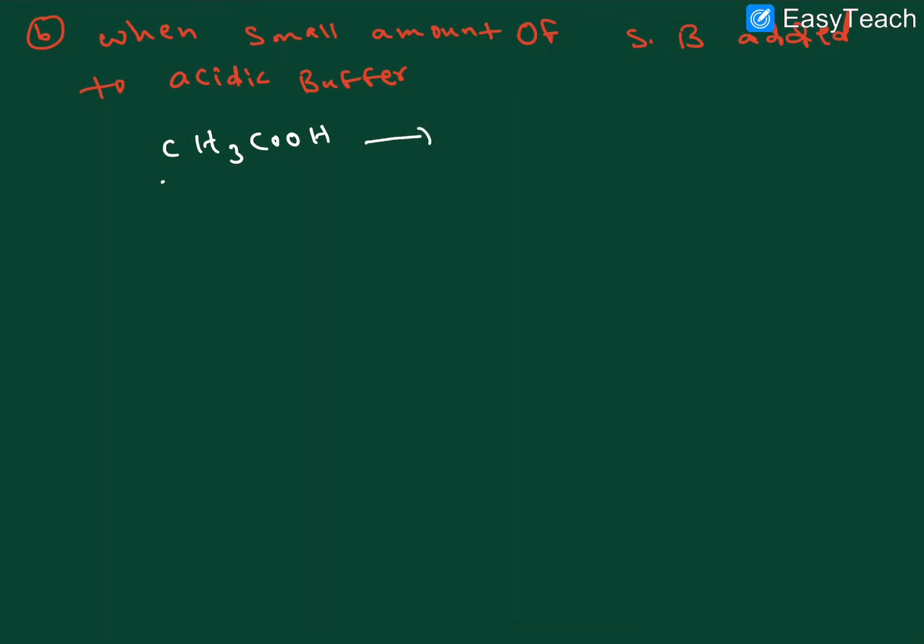So the acetic acid is present. This dissociates into CH3COO minus plus H plus ions. This is the equilibrium reaction. Now we are adding strong base, nothing but OH minus, right?